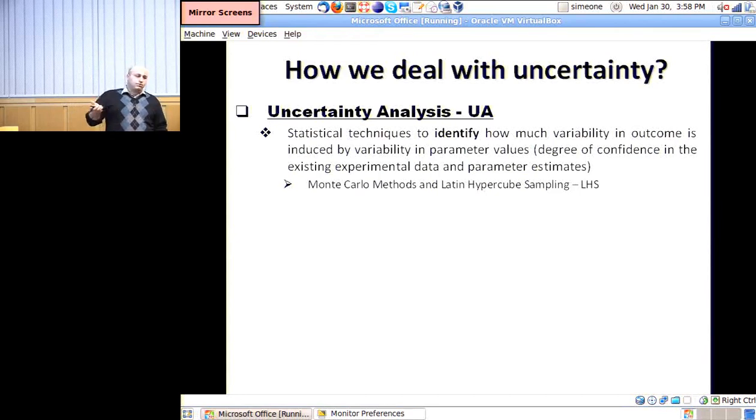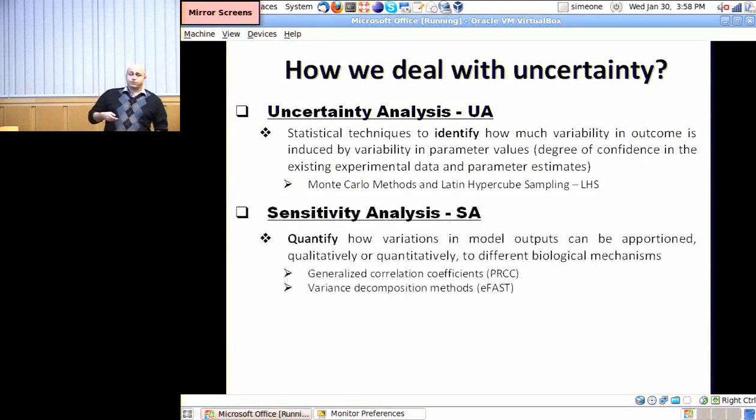We use a very powerful methodology, which is uncertainty and sensitivity analysis. It's in two steps. The first step is uncertainty analysis and uses Monte Carlo methods and Latin hypercube sampling, which I will illustrate later on in the next slide, to explore the parameter space and look at what type of output the model produces by varying these parameters in these ranges.